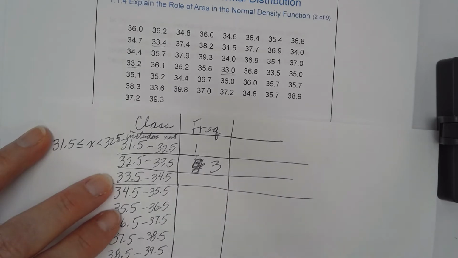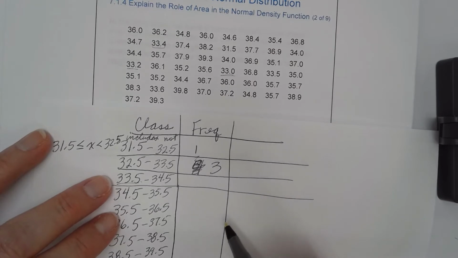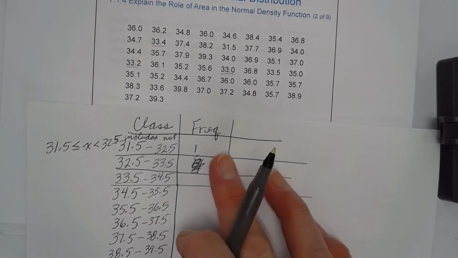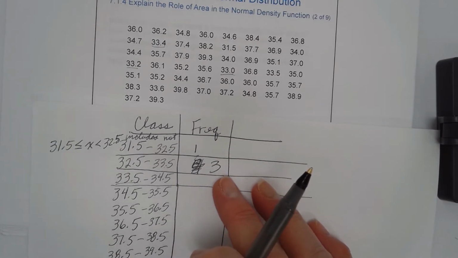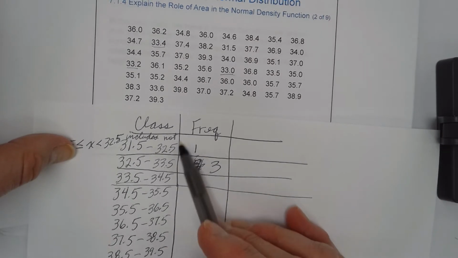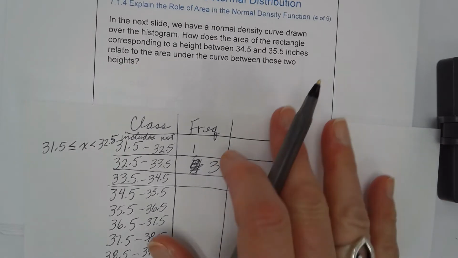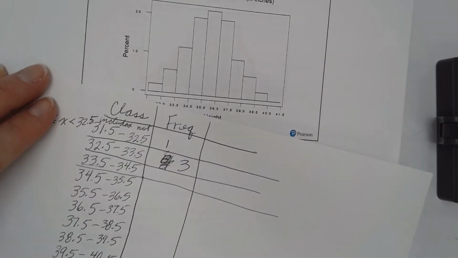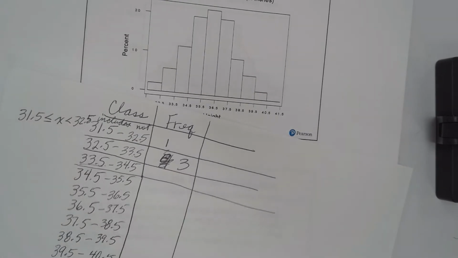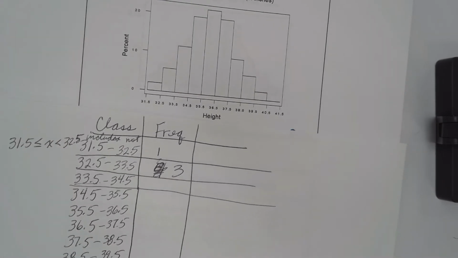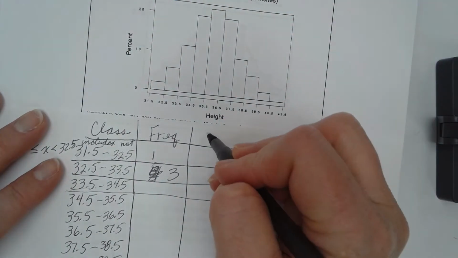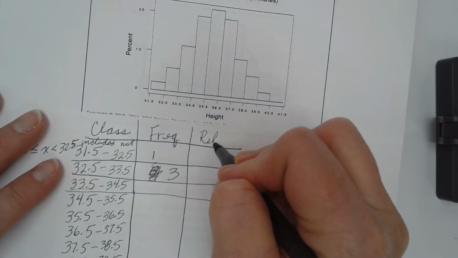All right, any questions about counting the frequencies? Okay, so in order to draw the histogram, I would have to count each one, and then along the x-axis, I would put these classes. On this one, this is actually a relative frequency histogram because it has the percents over here. So remember, how do we find relative frequency?